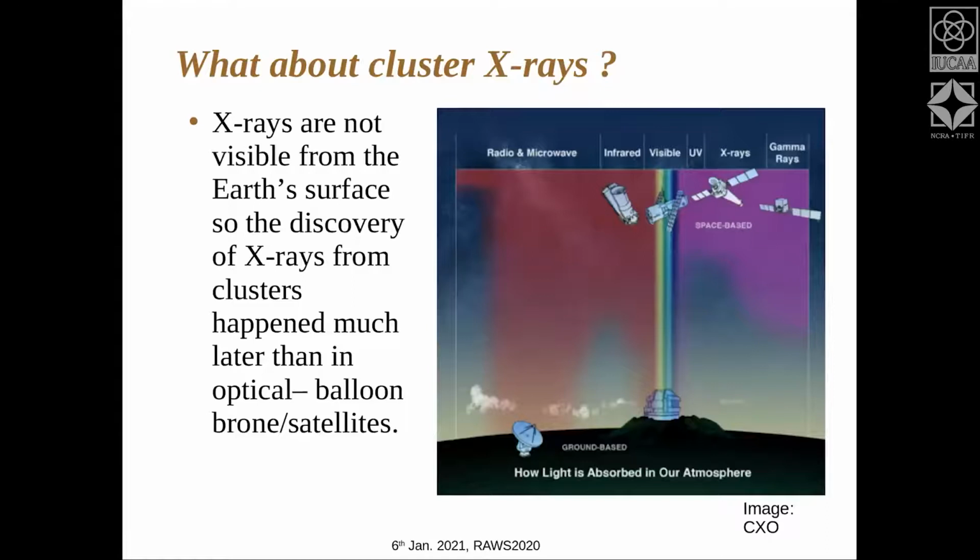Now that was about galaxies, but what about the intracluster medium and X-rays? X-rays are not visible from the surface of the Earth because of our atmosphere. Until techniques came about, like sending experiments attached to balloons in the high altitudes of the atmosphere or up to satellites, one did not have an X-ray view of the universe.